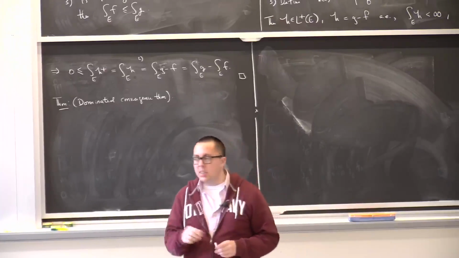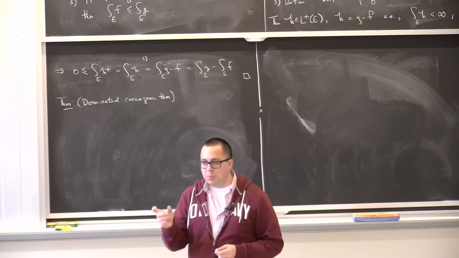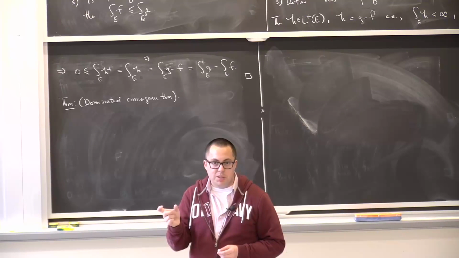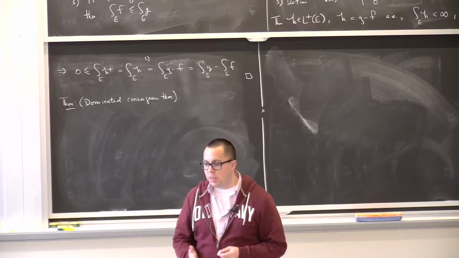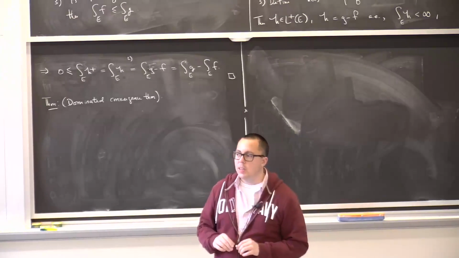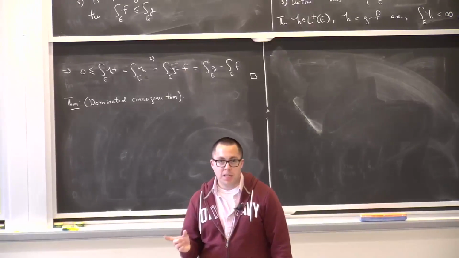A constant is just the simplest of simple functions. So that is the constant bounding above the absolute value times the measure of the interval, which is b minus a. So what was all that for? To say that a continuous function on a closed and bounded interval is Lebesgue integrable.